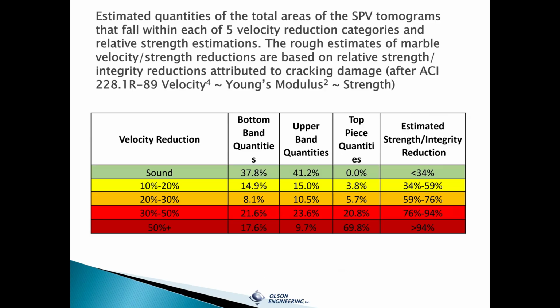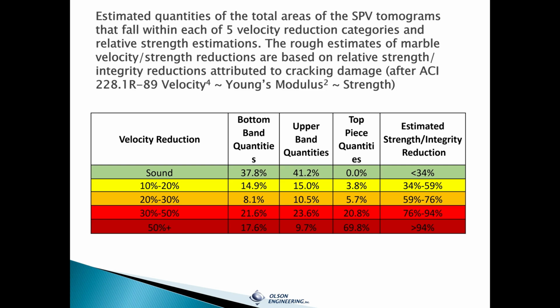So this is a table of the final percentages of each tested area that fell within those categories of sound, or having a 10 to 20% velocity reduction, 20 to 30% velocity reduction, and so on. As Larry mentioned before, compressive velocity can be correlated to compressive strength, and there's a relative power relationship between velocity reductions and strength reduction.